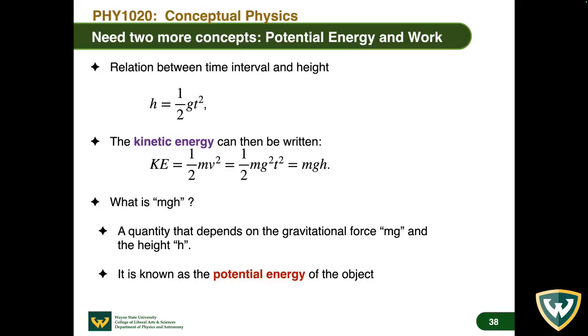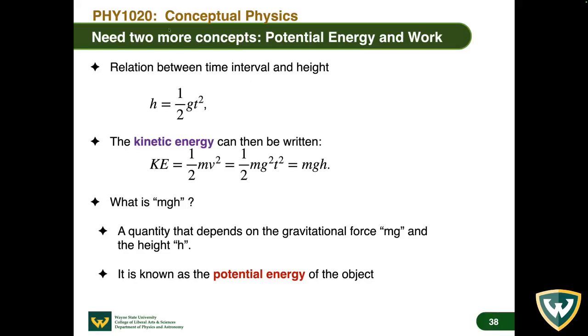So kinetic energy we saw is 1/2 mv squared. On the previous slide, we showed that when dropping this ball, it will be equal to 1/2 m g squared t squared. And now we know that t squared is going to be 2h over g.